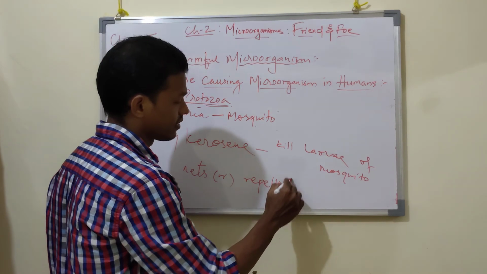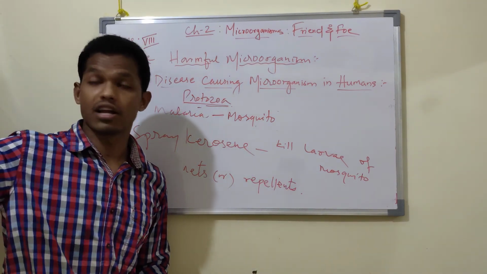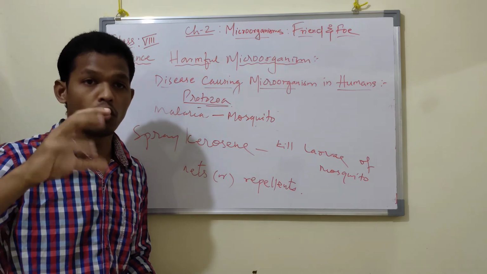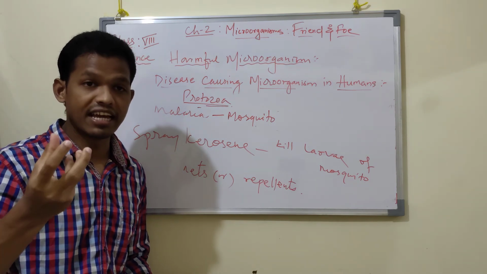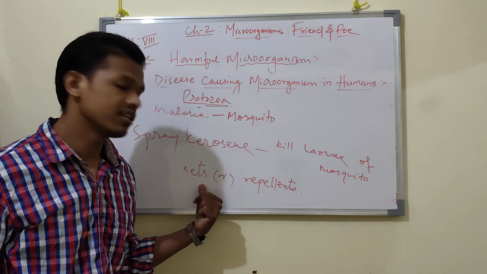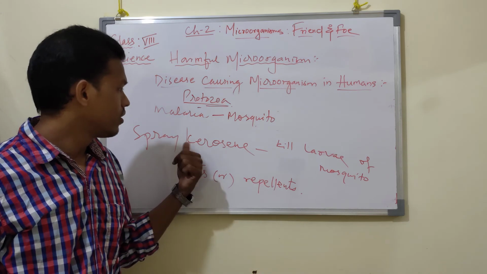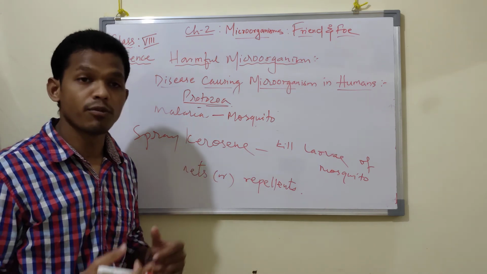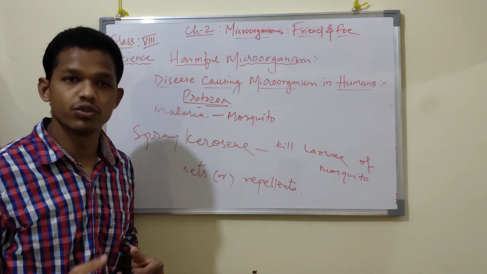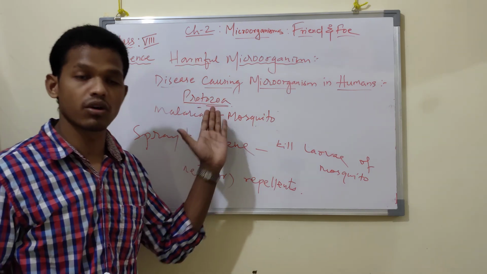You can find repellents in the market; they are chemicals which can kill mosquitoes. You can use repellents, or use nets while sleeping. Got it? So this is how we prevent such diseases which cause disease in our body. Those disease-causing agents are called pathogens.